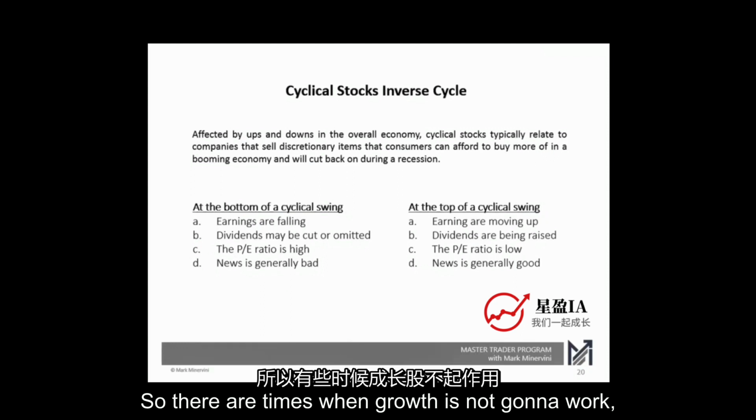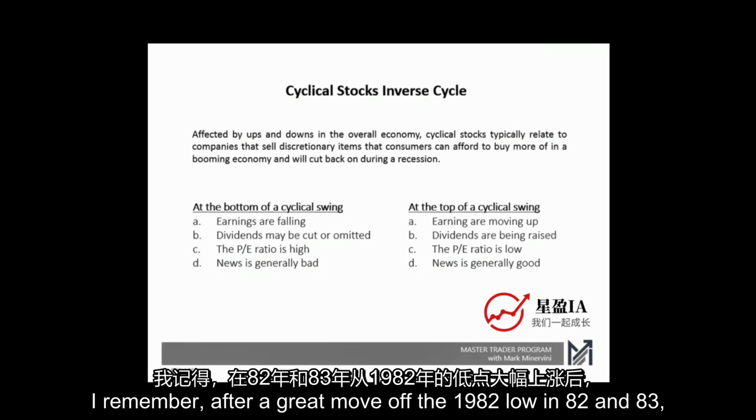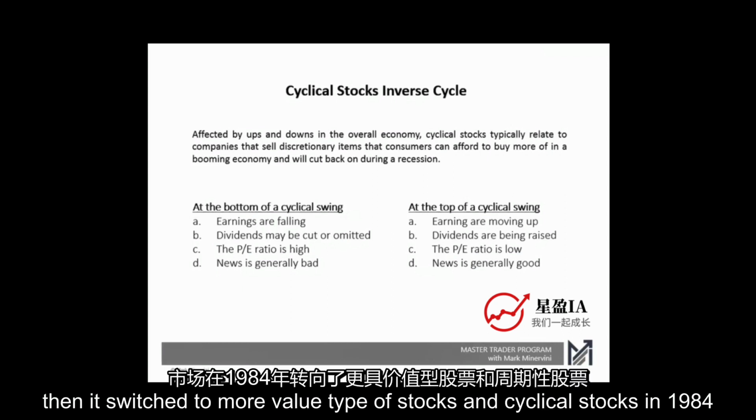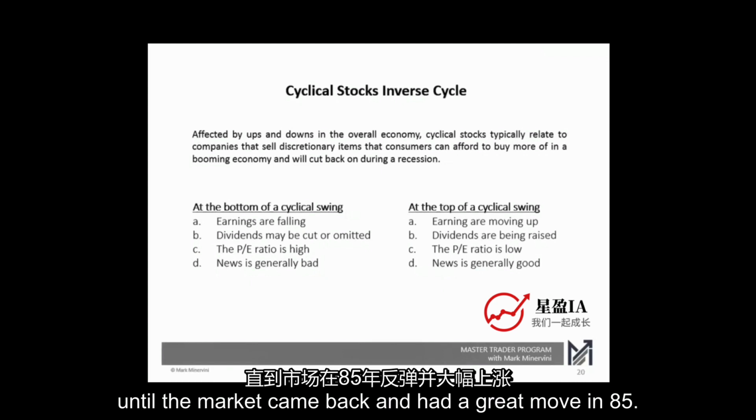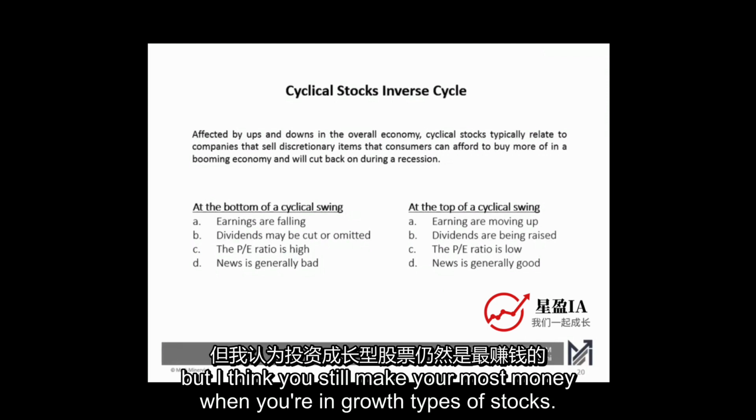So there are times when growth is not going to work, but the market's going to move over to these. I remember after a great move off the 1982 low, in '82 into '83, it switched to more value-type stocks and cyclical stocks in 1984, until the market came back and had a great move in '85. So it happens from time to time, and you just be aware of that. But I think you'll still make your most money when you're in growth types of stocks.